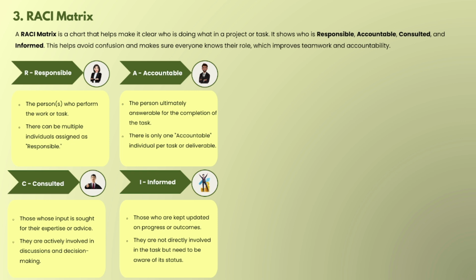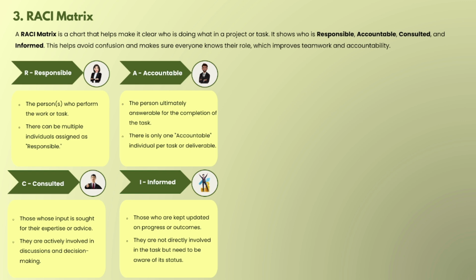They will share updates like when the requirements are ready or if there are any major issues. Even though these people are important, they are not directly involved in the actual work of gathering requirements, they just need to know what is going on. So they are informed, meaning they are kept in the loop but don't need to take any action during the process. So in this way we have understood what responsible, accountable, consulted and informed mean.